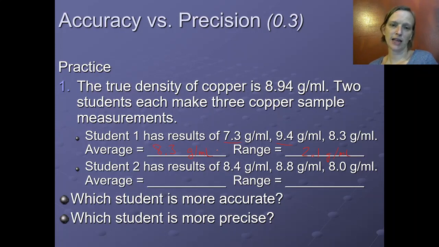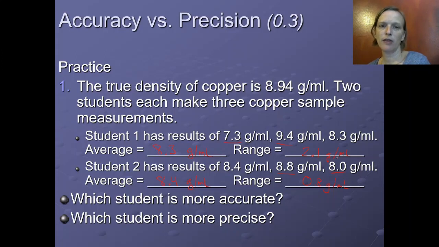Let's contrast that with student number 2. If I average that student's 3 measurements, I get an average of 8.4 grams per milliliter. And the range is 0.8 grams per milliliter. Again, I'm just doing the largest value minus the smallest value.